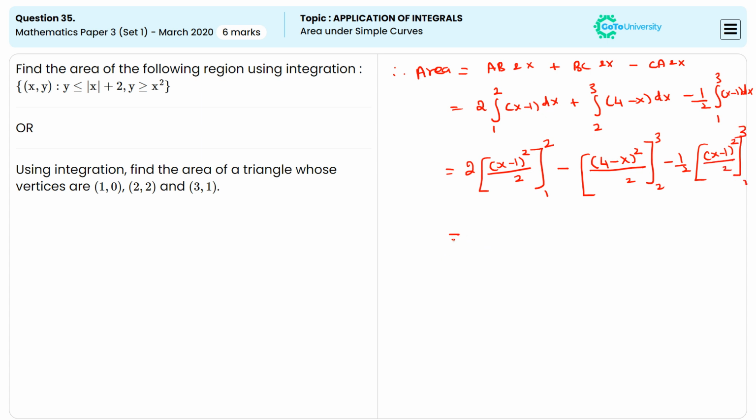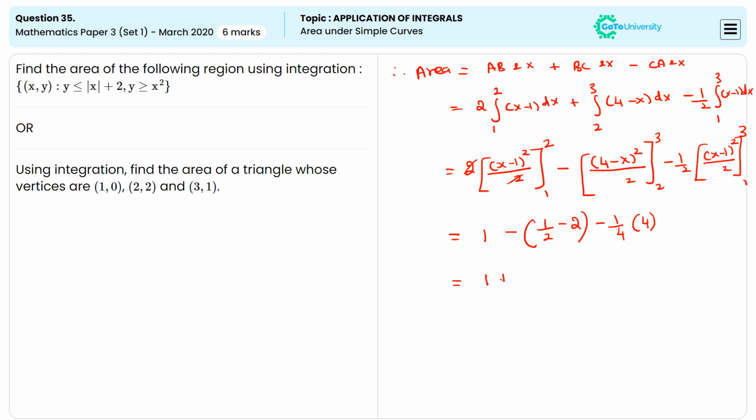If we apply the limits, the 2 and 2 cancel out. We get (2 minus 1) the whole squared, which is 1, and if we apply the lower limit, we get 0. So finally we have 1 minus, applying the limits here, 1 by 2 minus 2 minus 1 by 4 into 4. We simplify this and get 1, minus 3 by 2.